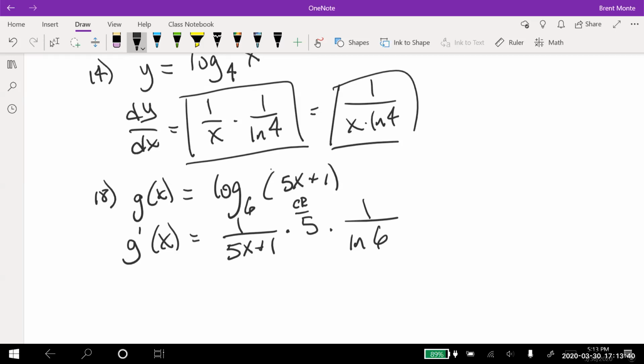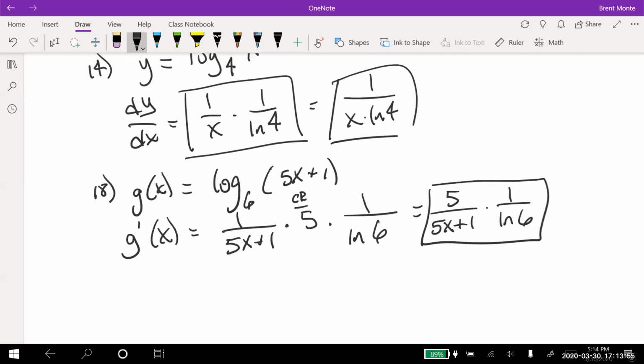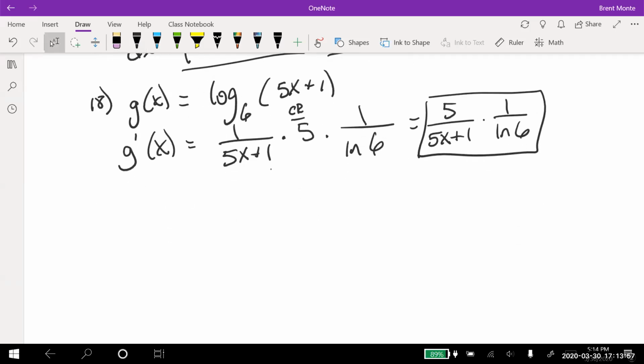And this, they would probably at least put the 5 on top of the first fraction, if not write it as a single fraction. So they'd probably either write it as 5 over 5x plus 1 times 1 over ln of 6. And if you wanted to multiply those together rather, they'd go numerator 5, bottom, I don't know which one they'd put first.